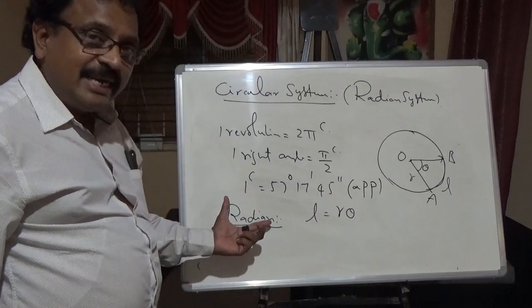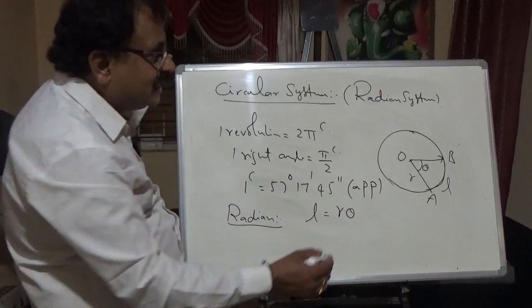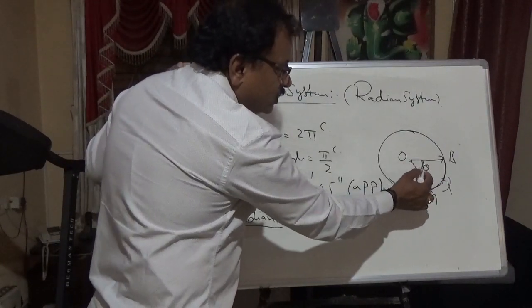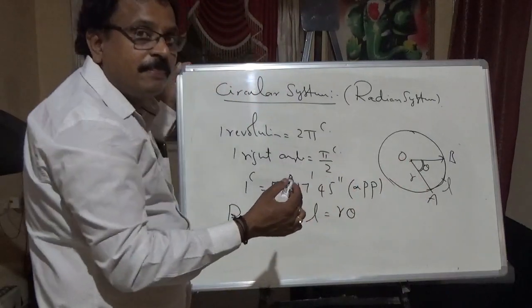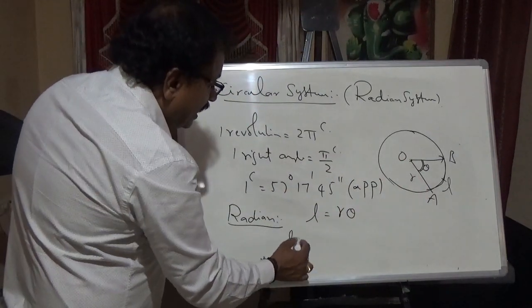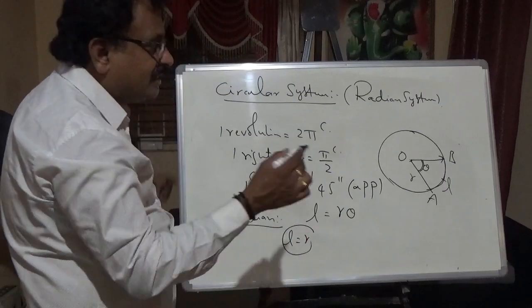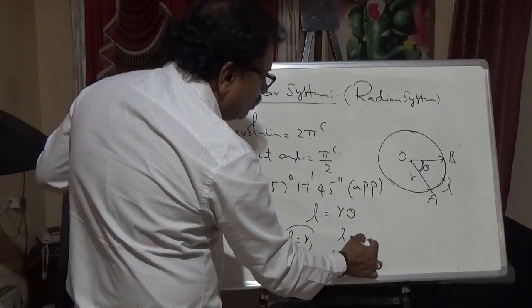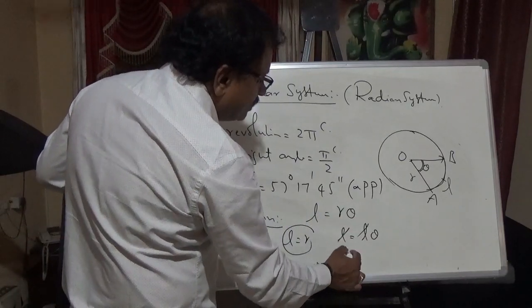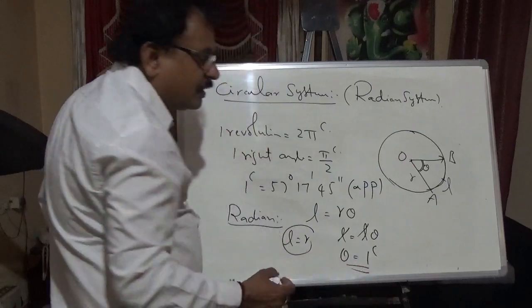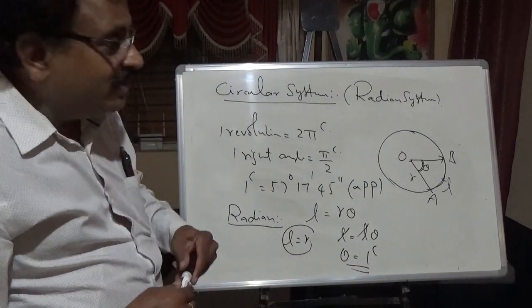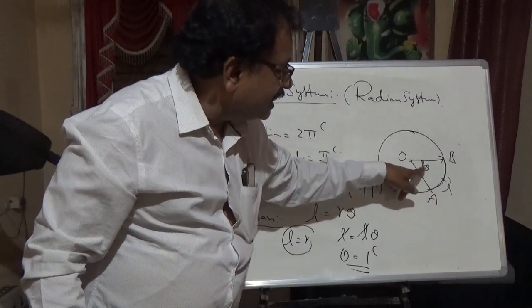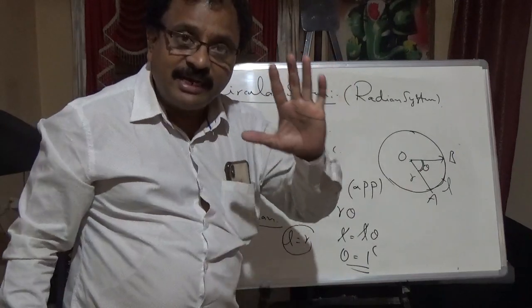Now we can define the radian like this. The angle subtended by an arc at the center of the circle whose length equals the radius. Means when length of arc and radius both are equal, L equals R theta, R and R cancel, theta is 1 radian. So when length of arc and radius are equal, whatever angle we get here, that angle is called radian.